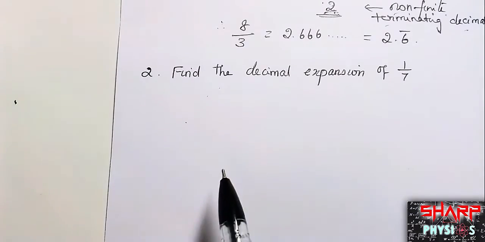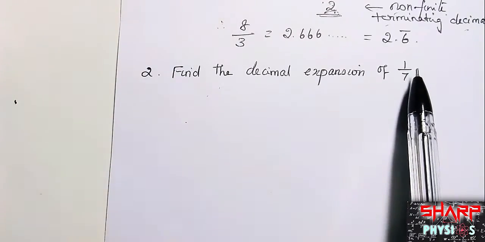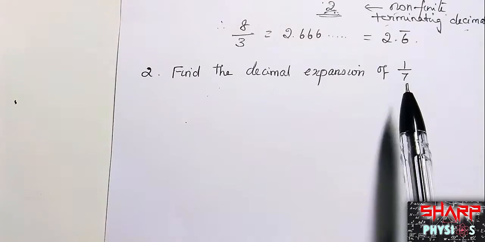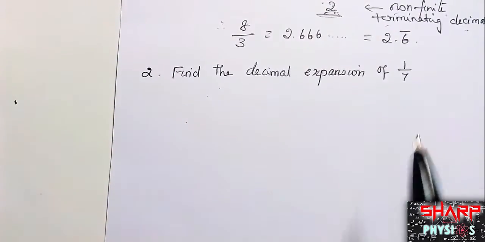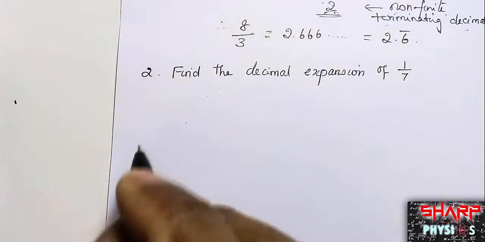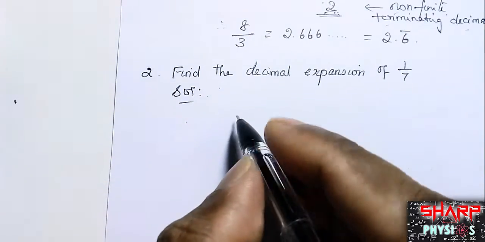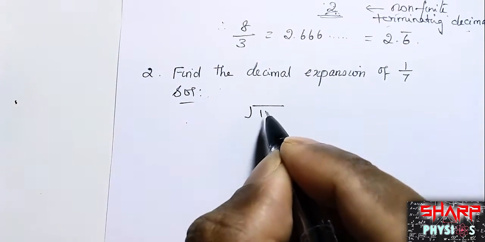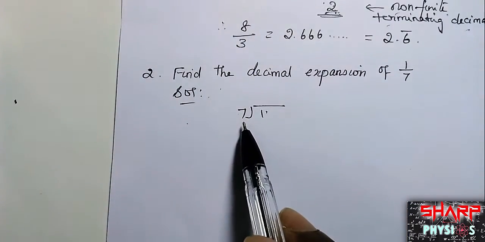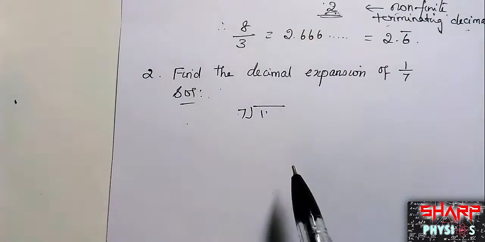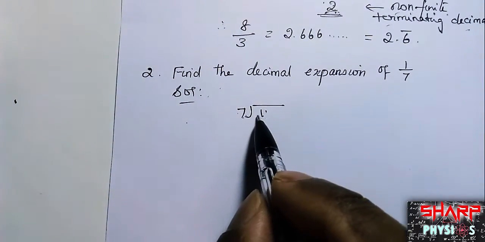Now we will be moving to the second problem: find the decimal expansion of 1 divided by 7 by long division method. Write solution and place 1 inside and 7 outside. So the dividend is 1 and the divisor is 7. 1 is much less than 7, so we cannot divide.